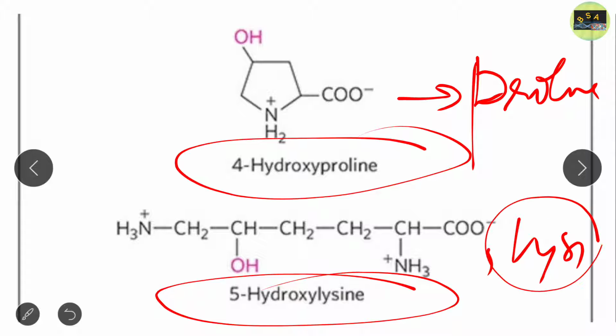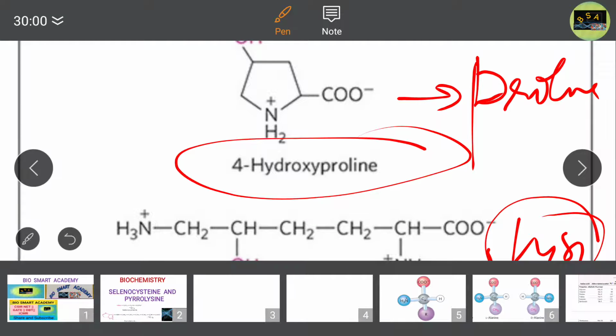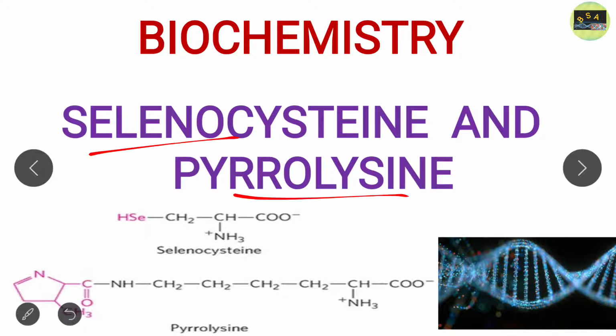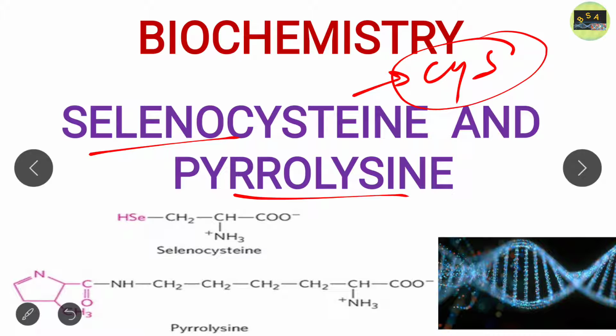Don't confuse these with selenocysteine and pyrrolysine, because you may think selenocysteine is derived from cysteine. No, it is not derived from cysteine, though its structure is similar to cysteine. Similarly, pyrrolysine is not derived from lysine, though its structure may be similar to lysine.